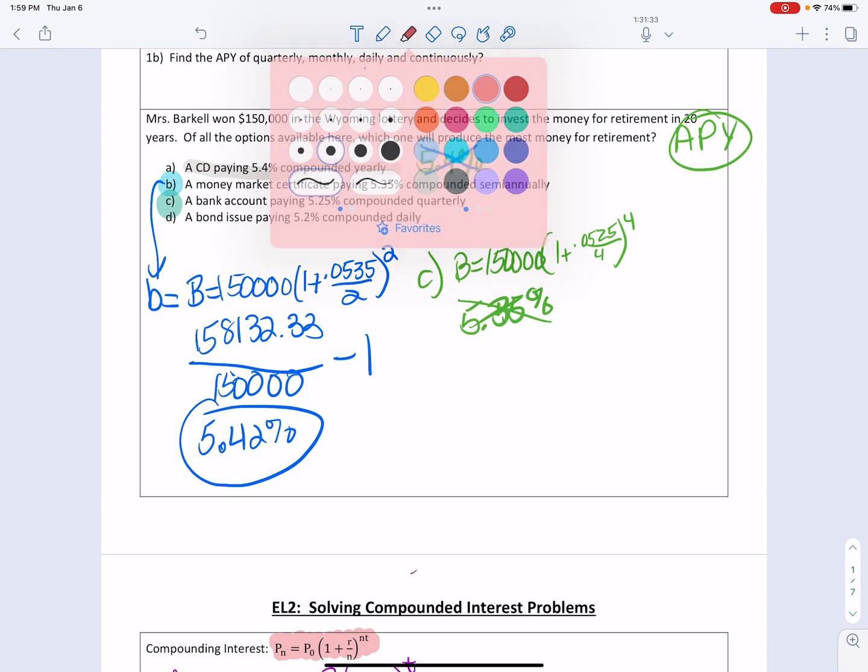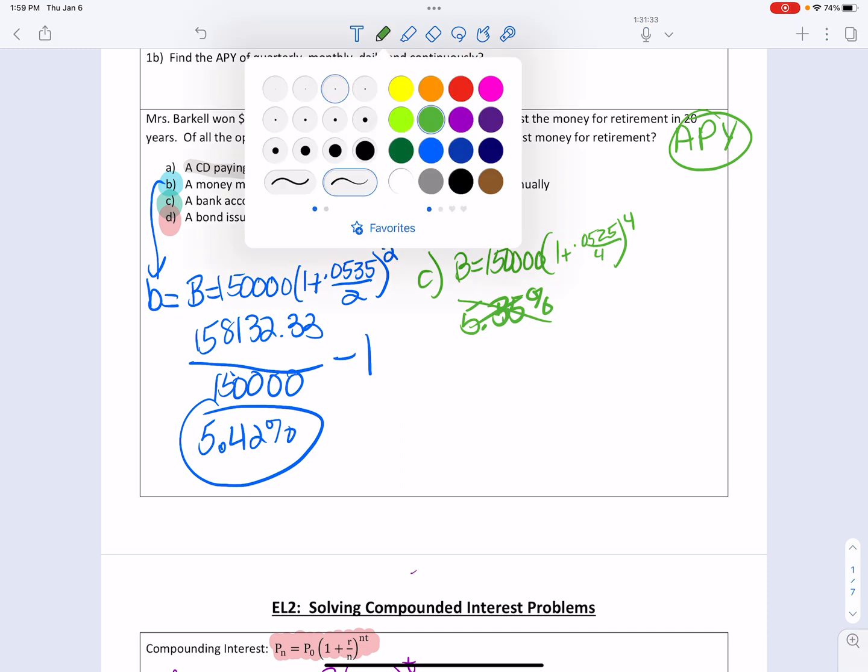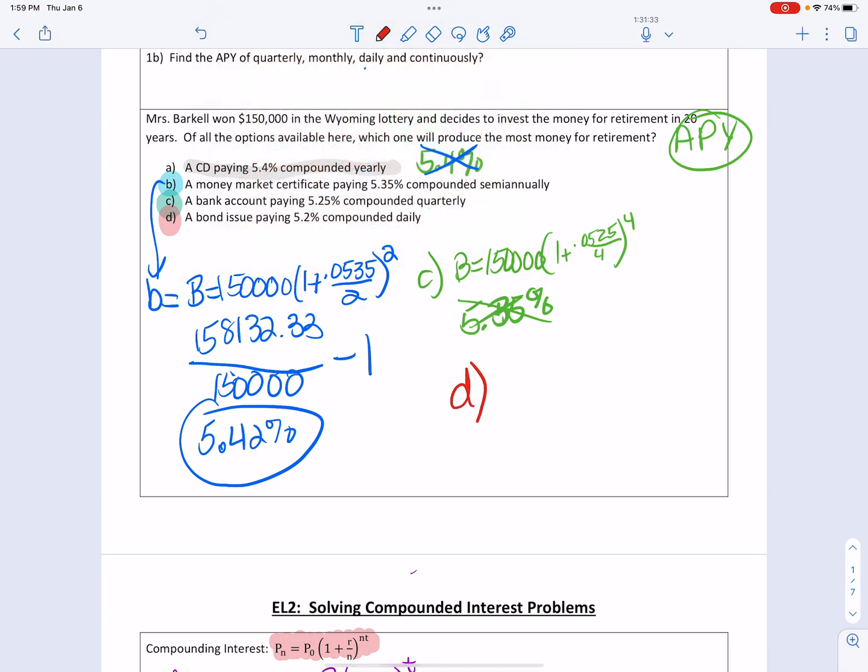Okay, so now I'm going to do the last one. So I'm doing D. On D, it's compounded daily. So I'm going to do $150,000, 1 plus 0.052 divided by 365 because I'm doing it daily, to the 365th.